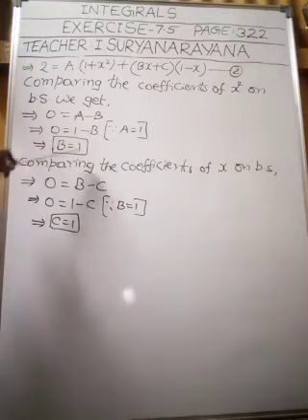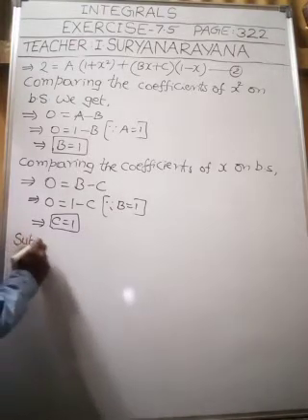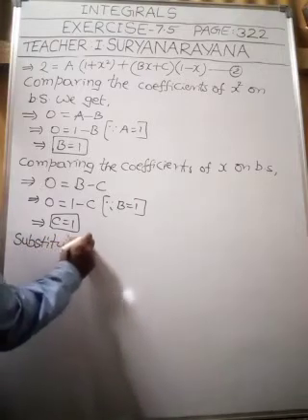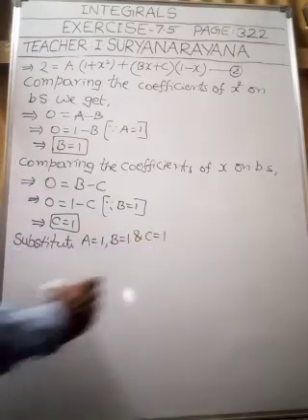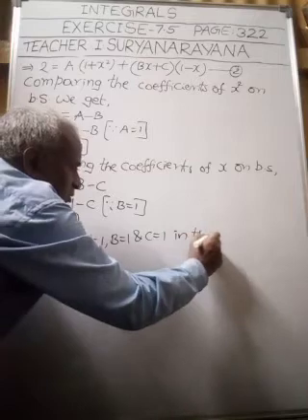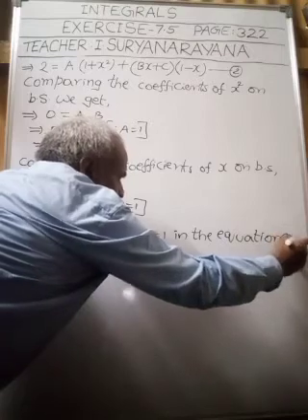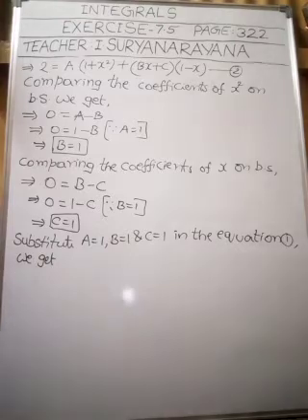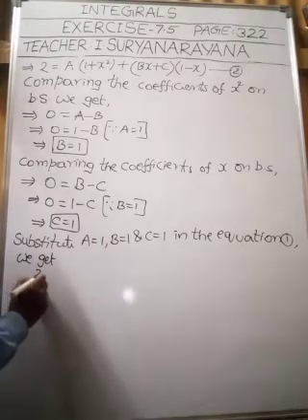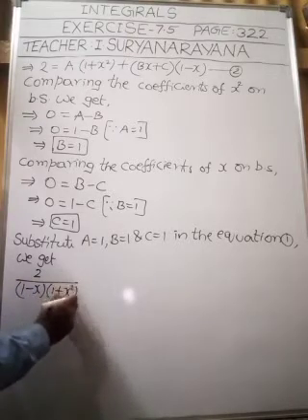Now we substitute these three values in the equation 1. Then what do we get? Substitute a is equal to 1, b is equal to 1, and c is equal to 1 in the equation 1. In the equation 1, we get 2 by (1 minus x) into (1 plus x square).